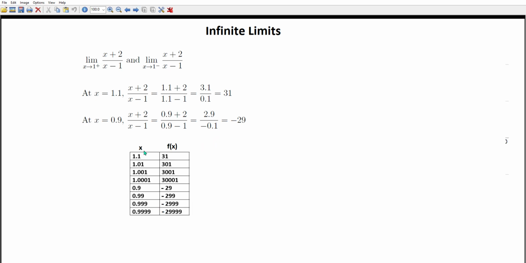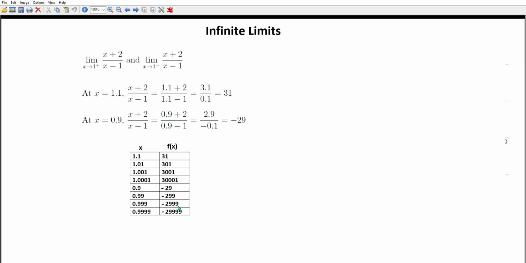As x approaches 1 from above, 1.1, 1.01, 1.001, we get outputs of 31, 301, 3001, 30,001. And when we approach 1 from below, we get minus 29, minus 299, minus 2999, minus 29,999.